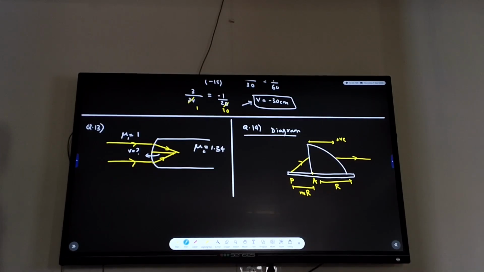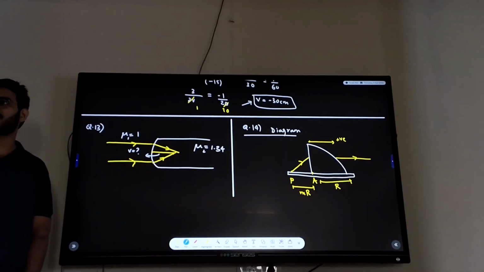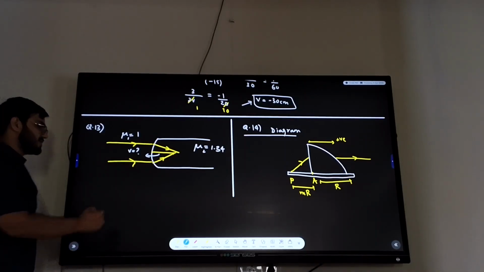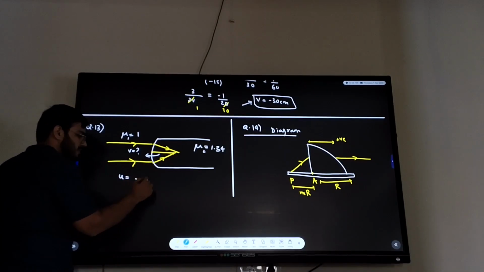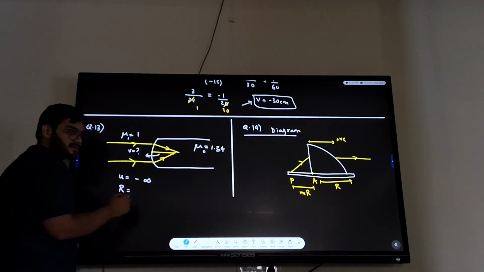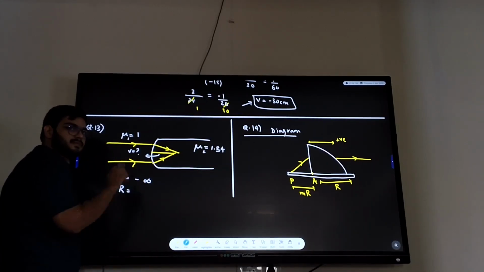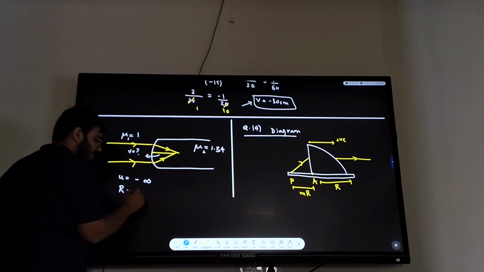The rays are coming from infinity. What is u? I'll say something, don't be dead like that. U is infinity. Good. What is radius of curvature? To be more precise, it's minus infinity. What is radius of curvature mentioned? 7.8 millimeter. Should I take that positive or negative? Positive. Positive, right? In this direction.